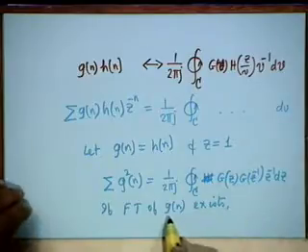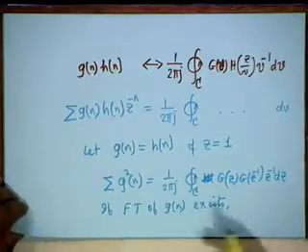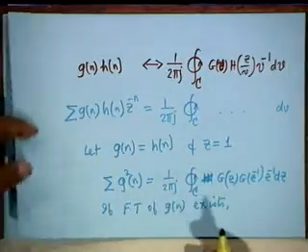So, if g of n is absolutely summable, or in general if the Fourier transform exists, then my summation g squared n should be equal to 1 over 2 pi, j disappears, because if we are on the unit circle, then our only variable is omega. Small r is equal to 1, and therefore minus pi to plus pi. That is all.